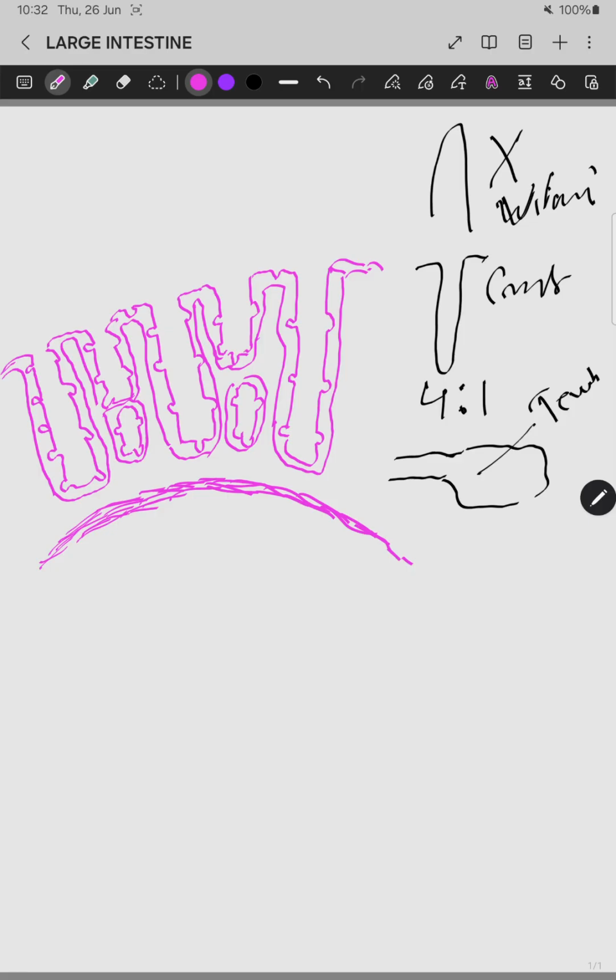And you can extend this diagram to the entire length. Then there is no other difference; it is the same as when we drew the small intestine. Then you can put what? The columnar cells in between the interruption of this line for what? The goblet cell.